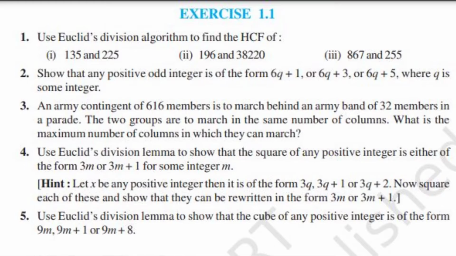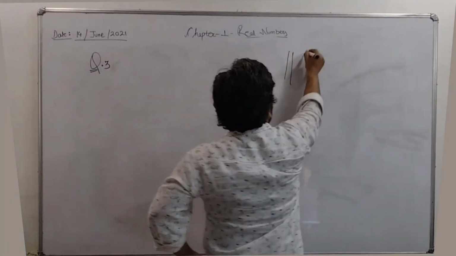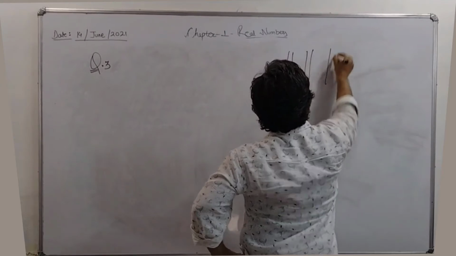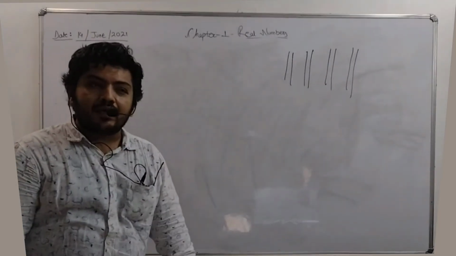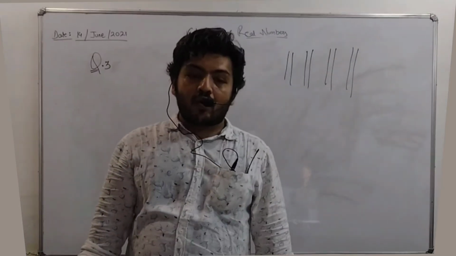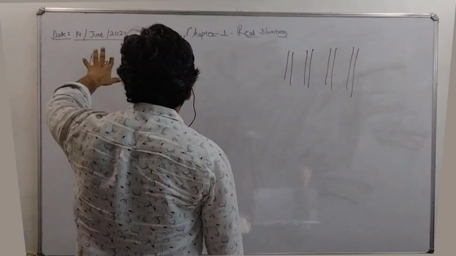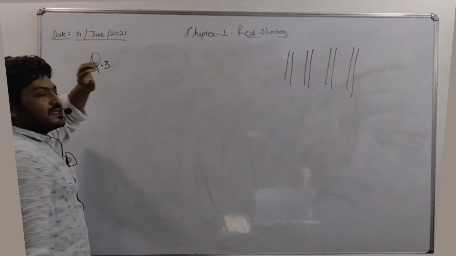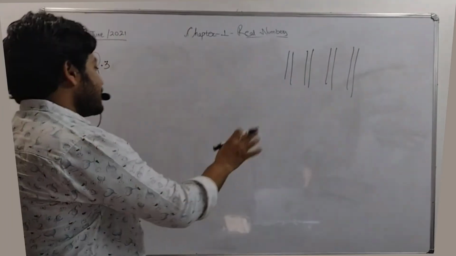Herein we have to see how they can march in an equal number of columns, and as they have to parade in a column fashion, we can find out easily by finding the HCF how many columns they can march in.